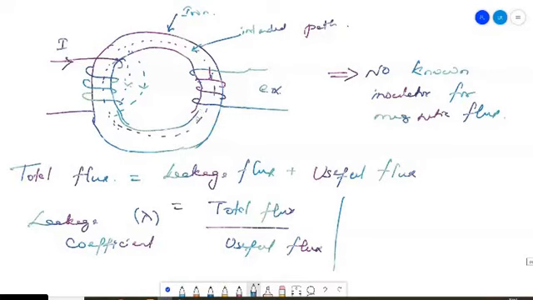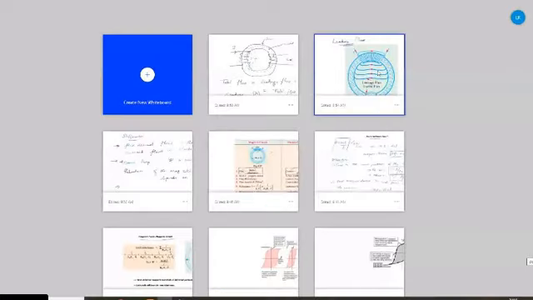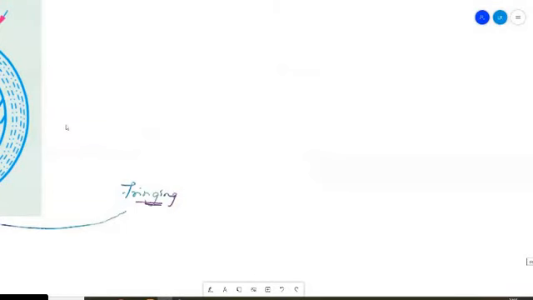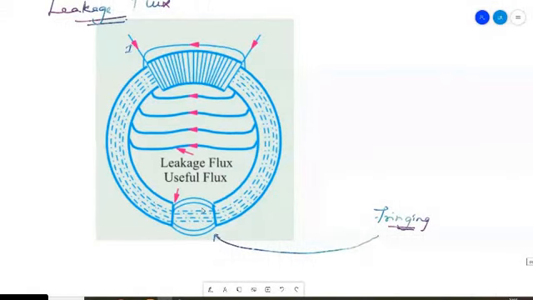Suppose you consider the previous diagram. If you want to utilize the flux in this particular area, then it is advisable to have this winding as close to this area as possible, so that the leakage can be minimized. So that is one traditional way.